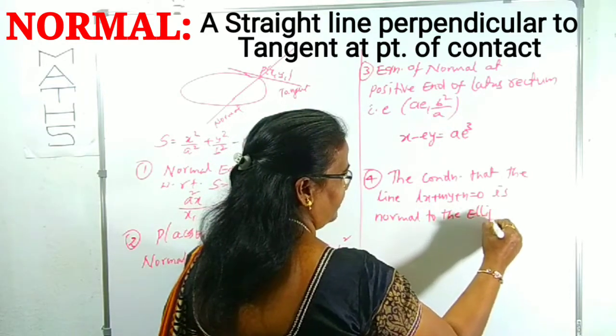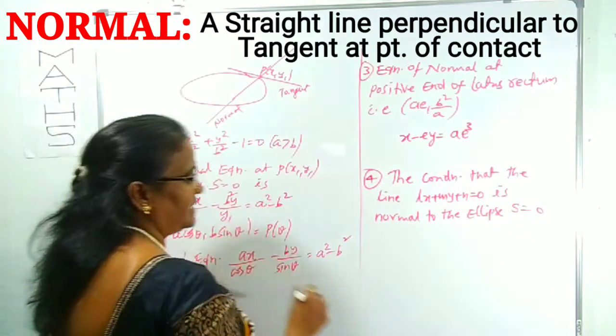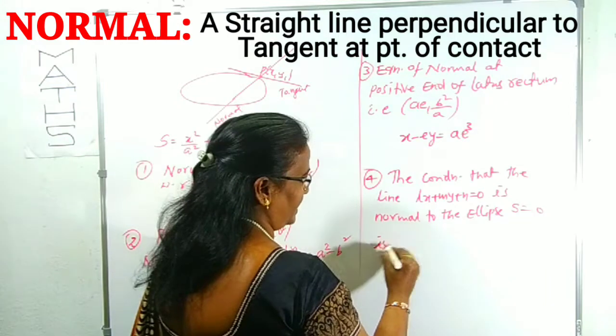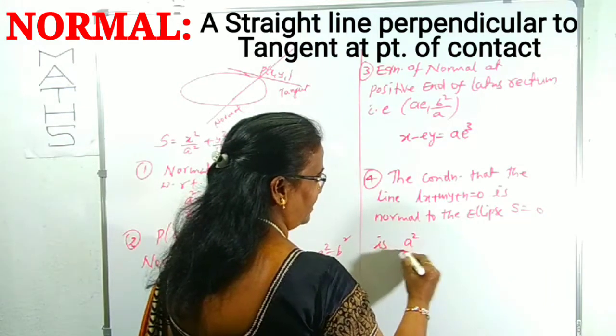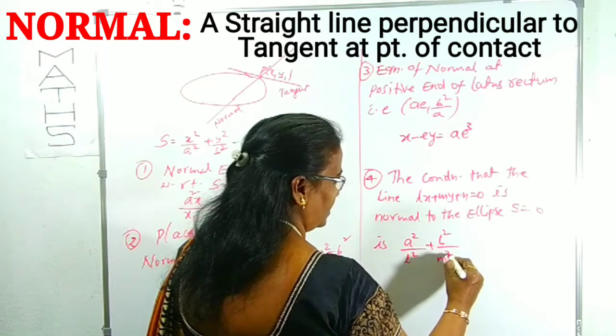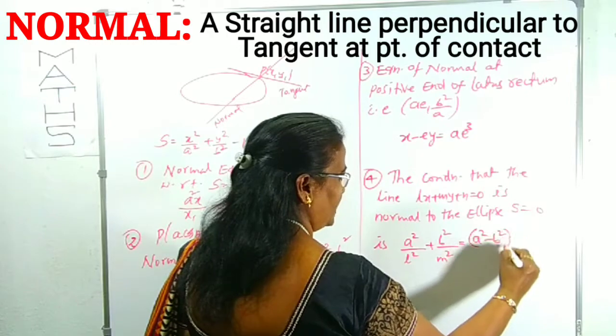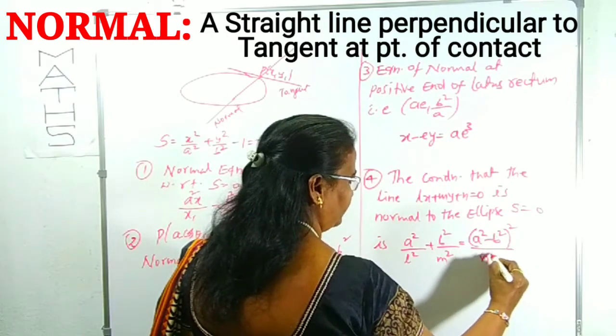What is the ellipse standard form? Yes, S is equal to 0, right? It is simply, you have to remember, a square by L square plus b square by m square is equal to a square minus b square whole square by n square.